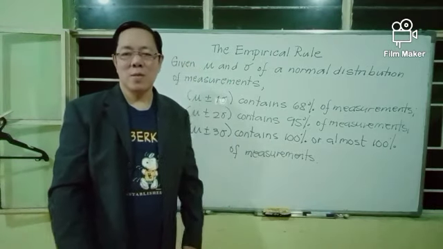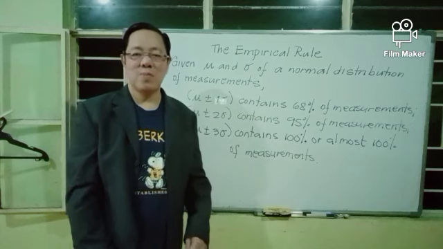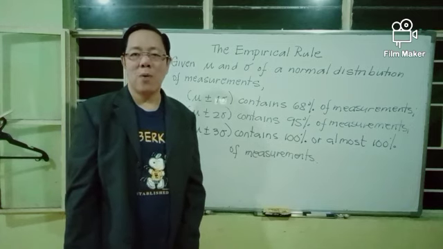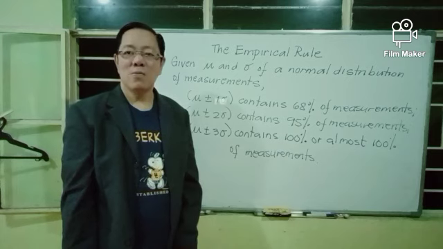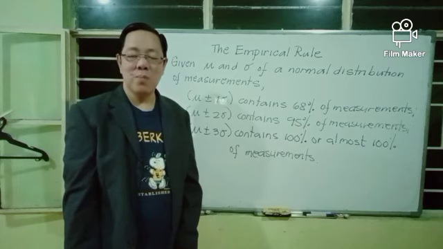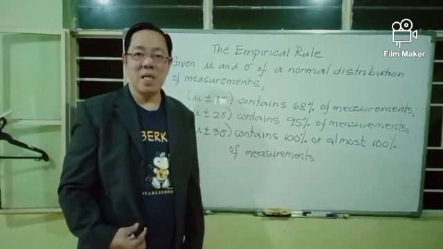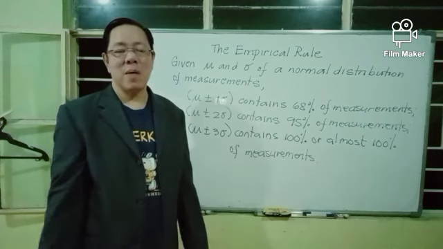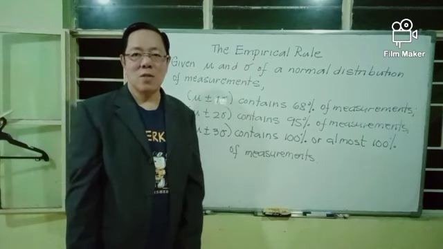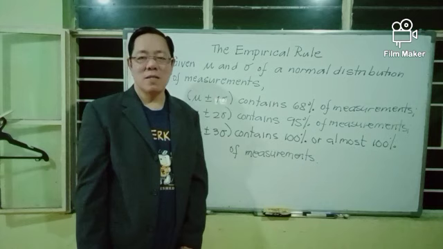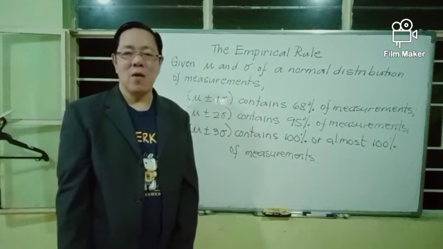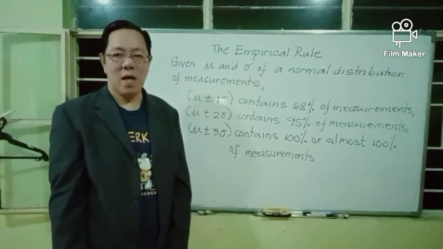In the empirical rule, the given distribution of measurements is normal or approximately normal, and we should know the values of the population mean, or the expected value of the discrete random variable x, as well as the standard deviation of the discrete random variable x.